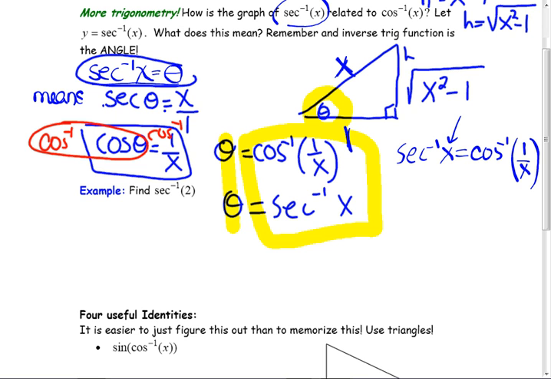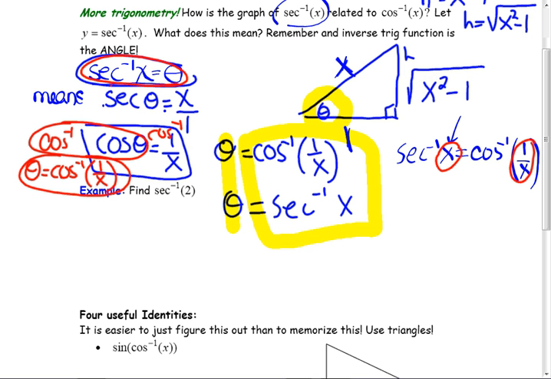They cancel. And I'm left with theta equal to the inverse cosine of 1 over x. Well, I already know theta is equal to the inverse secant. So what has to be true with the inverse cosine of 1 over x and the inverse secant of x? They have to be the same. I'm not reciprocaling the trig function. I'm reciprocaling this number.